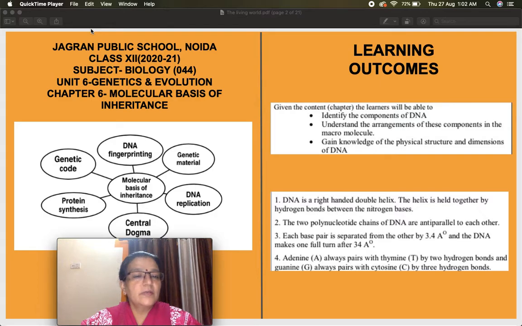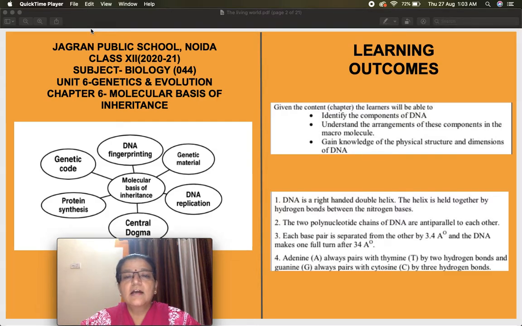In the overall chapter, we will cover these topics: DNA fingerprinting, genetic material, DNA replication, protein synthesis, genetic code, and all the important steps taking place in the central dogma related to this mysterious molecule DNA, as the basis of inheritance of traits in all organisms.